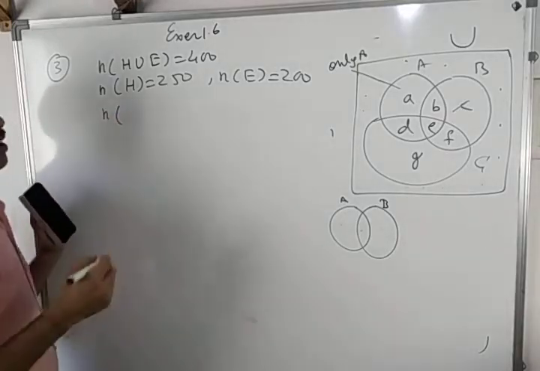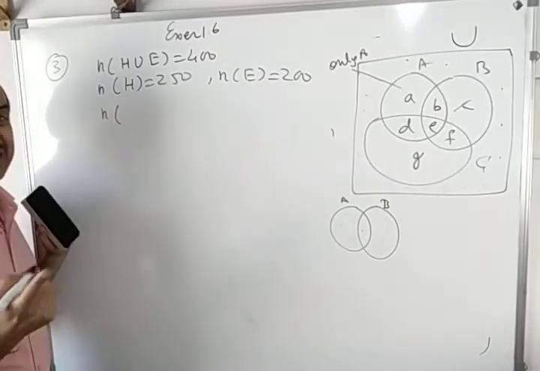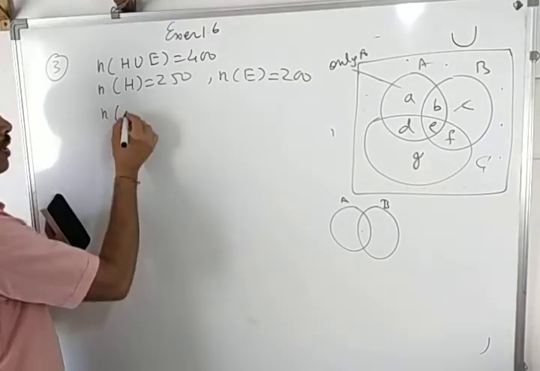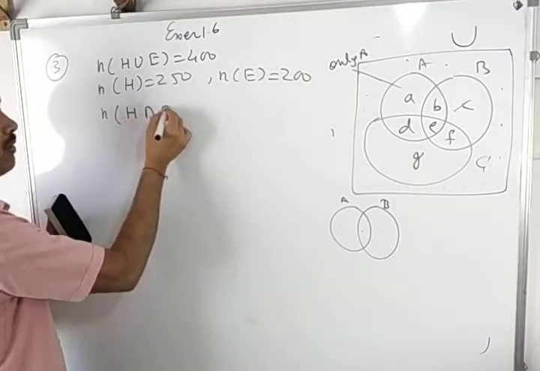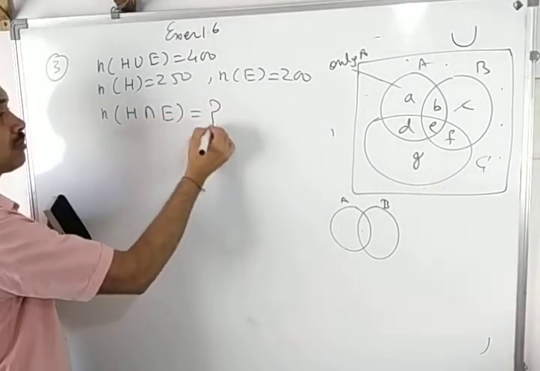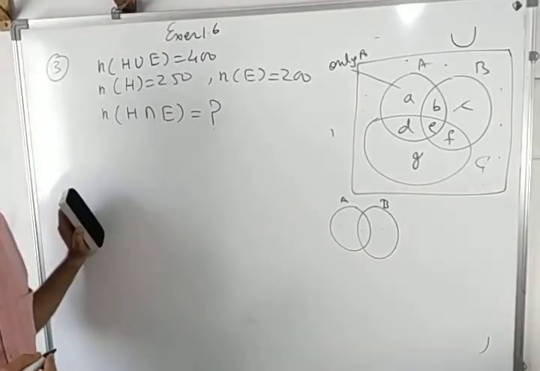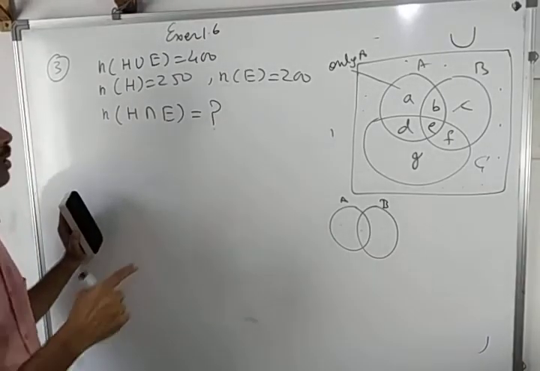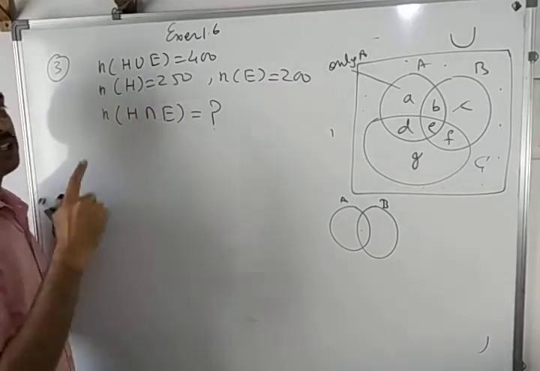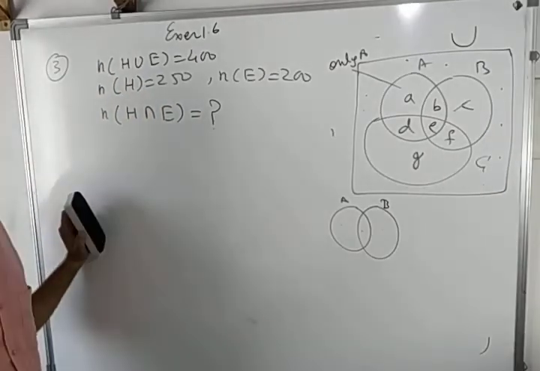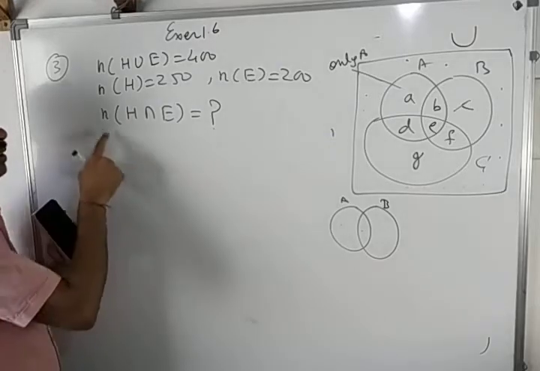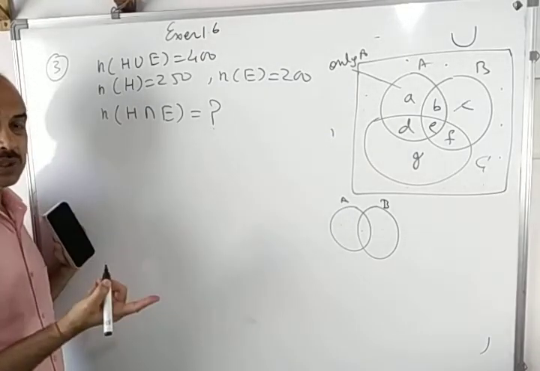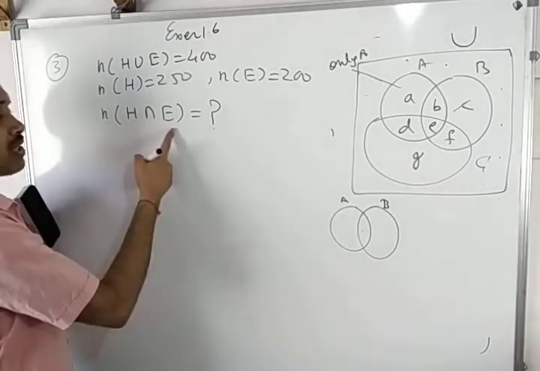How many people can speak both Hindi and English? Now they are asking how many are speaking both. They are not clearly mentioning that they are asking about the intersection. You have to understand that both means intersection. So that is why we are discussing this question. You must remember even the union is given in words, in a group of 400 people. And they are asking how many are speaking both Hindi and English. It means intersection.